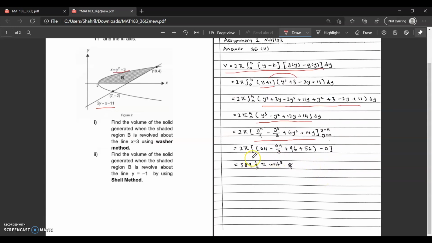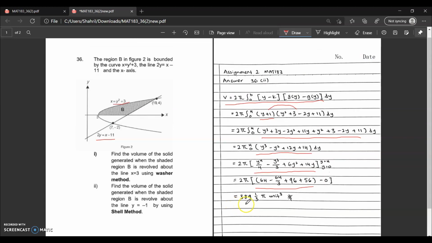And then substitute the upper bound and lower bound. The upper bound is 4 and then the lower bound is 0. Calculate this and multiply with 2. So the answer is 389 1 over 3 pi unit cube. So that's all for this question. Thank you.